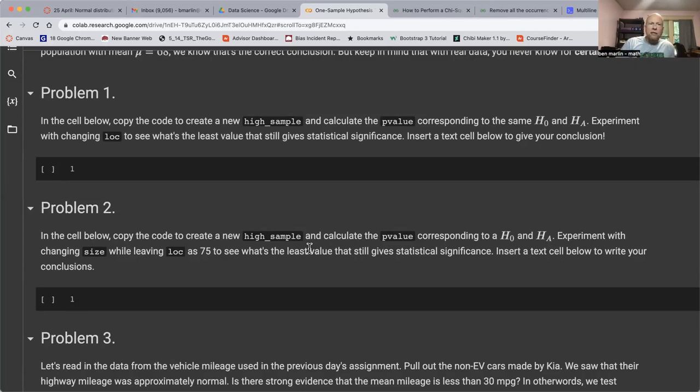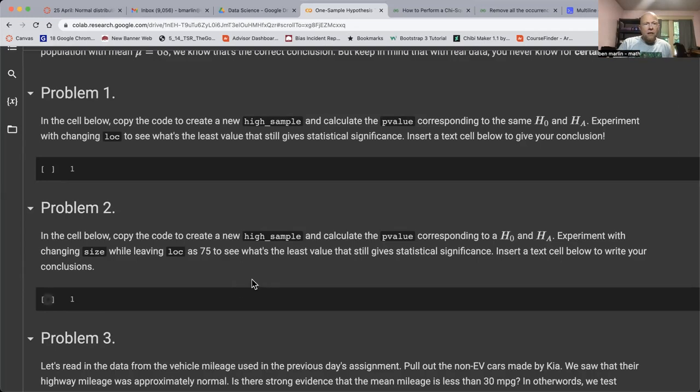How close can you get that LOC to 70% and still have significant evidence? Now, keep in mind, because it is random sampling, sometimes you will get different p-values when you have the same code running, because it is randomizing.